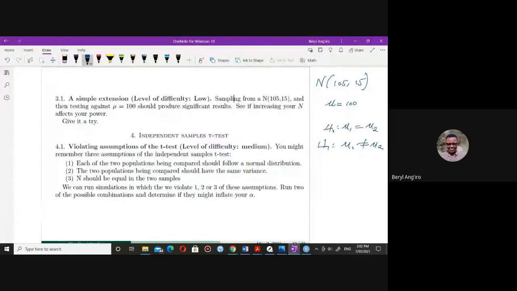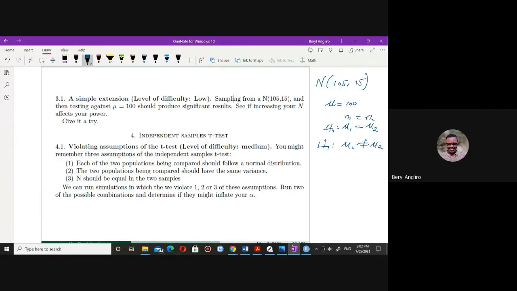The assumption is that each of these 2 populations being compared should follow the normal distribution, and also that the 2 populations being compared should have the same variance, and n should be equal in the 2 populations. So that means that n1 should be equal to n2.